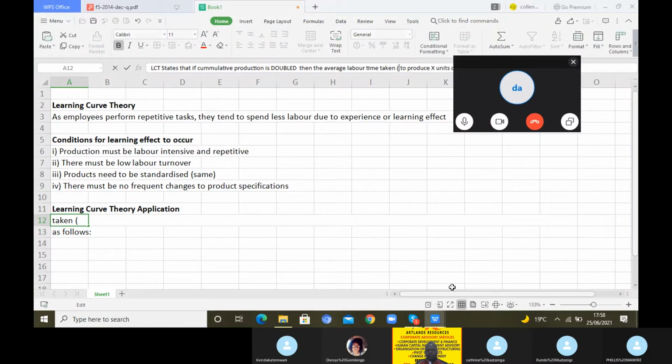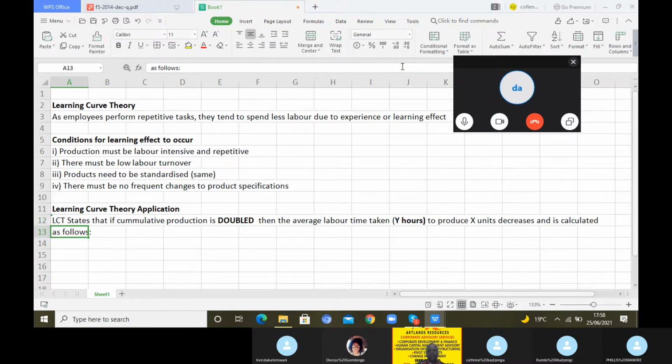So what I was saying is the average labor time taken to produce X units, which we refer to as Y hours, is calculated as follows. So this is learning curve theory.